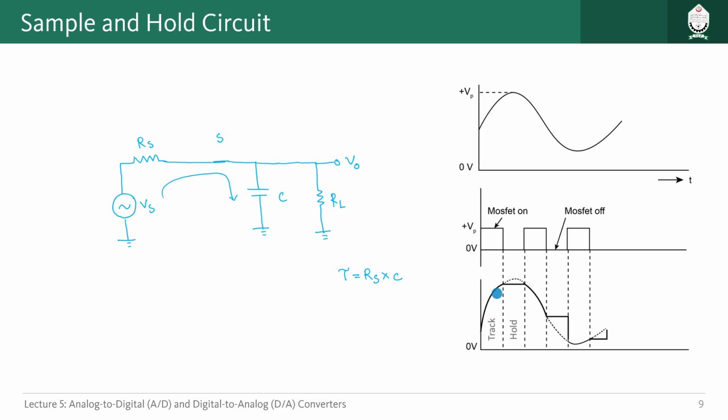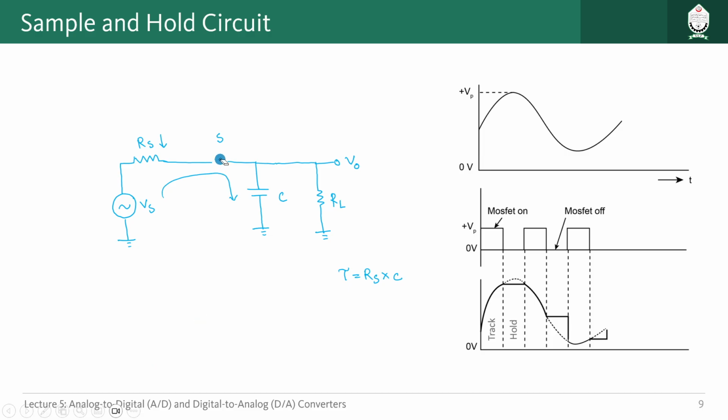Now let us just say that we want this RS value, the input resistance, to be as low as possible. And for the case of discharging or holding, whenever the switch is actually open, right, let us try to discuss that.